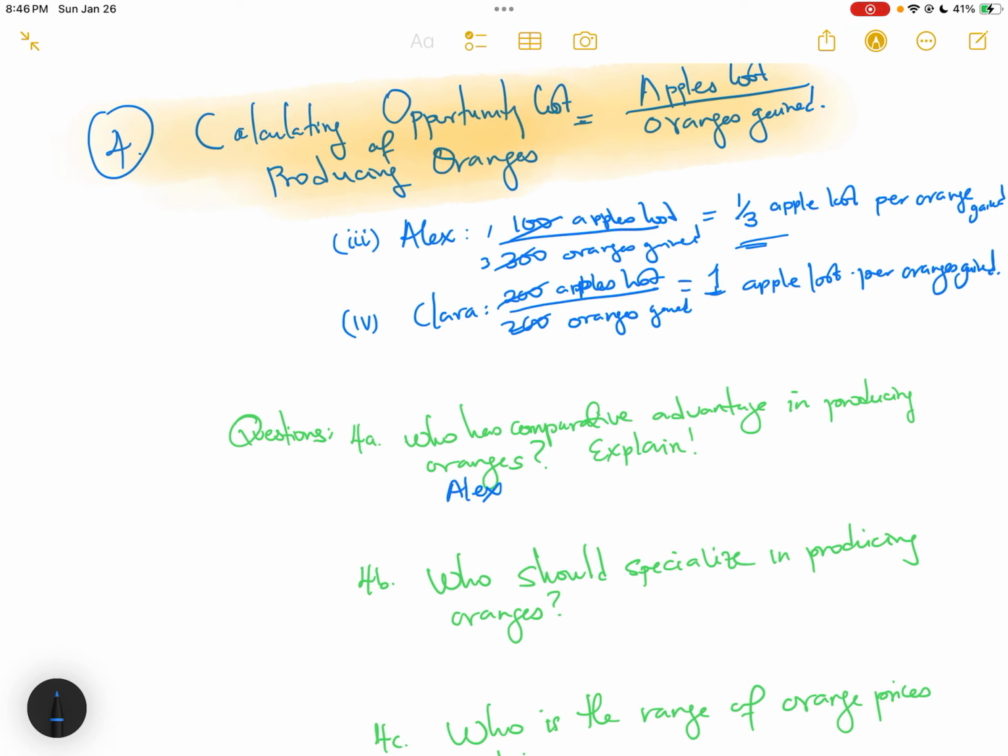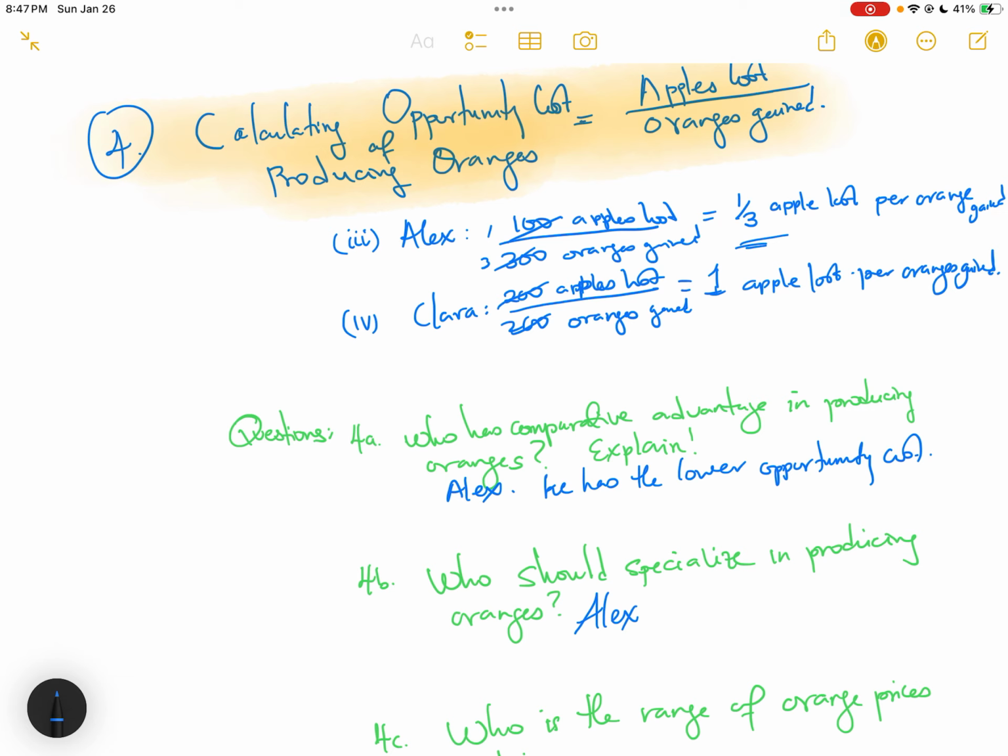So he has the lower opportunity cost. Okay, who should specialize in producing oranges? Alex should specialize in producing oranges.